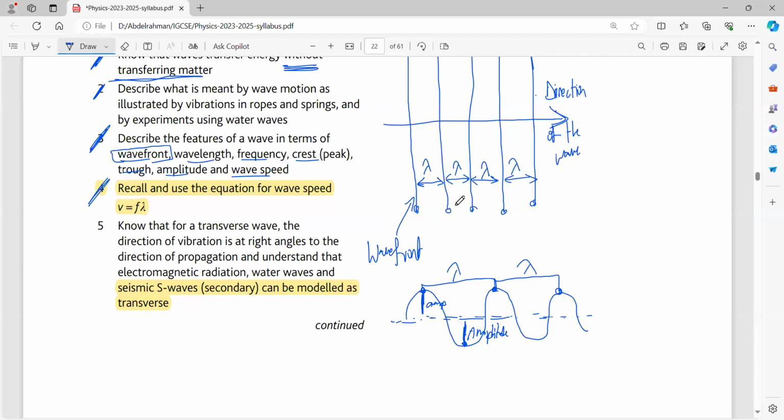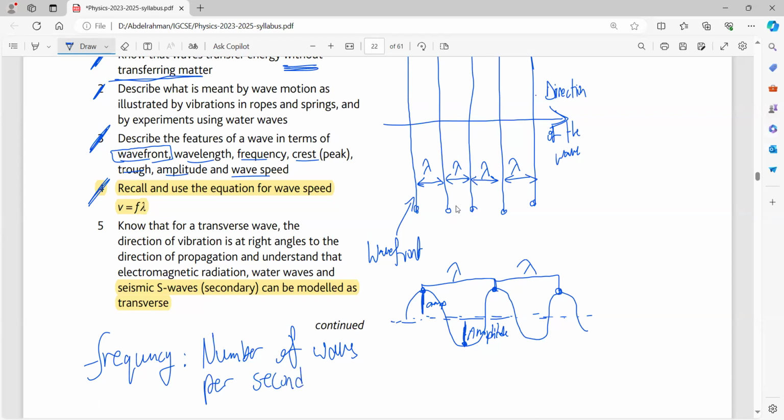The speed is the wavelength times the frequency. We can define the frequency. What is the frequency? It is the number of waves passing per unit time, or per second.